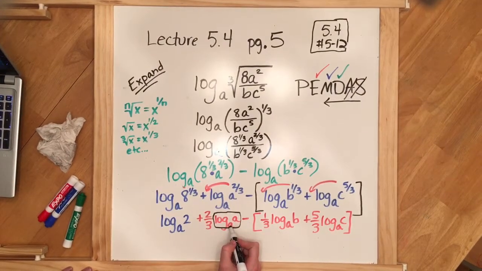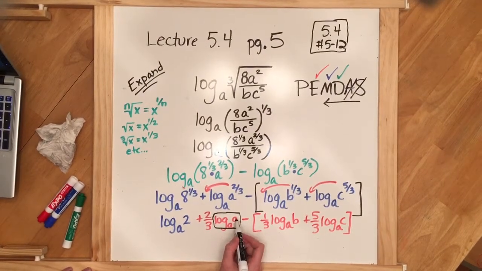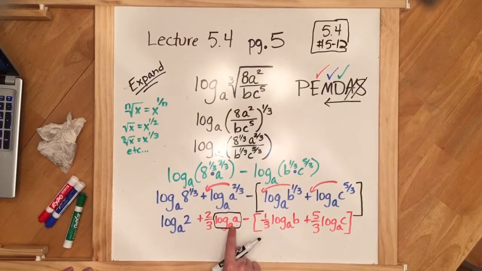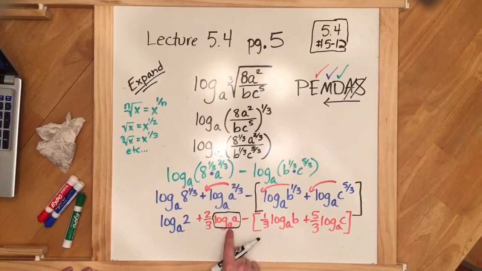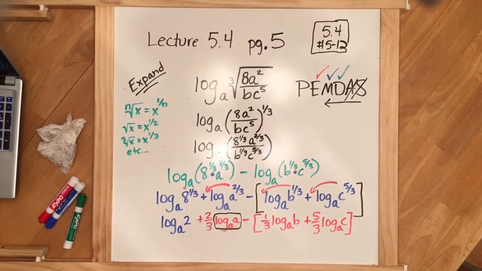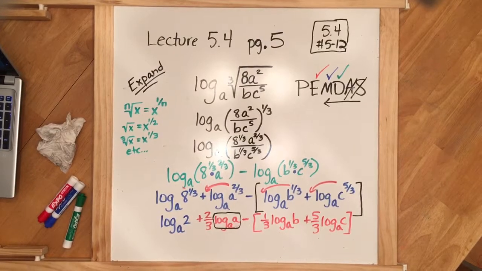But log base a of a, remember the logarithm is asking us for an exponent. So the exponent to which you raise a to get a is just 1. So this value is actually just equal to 1.